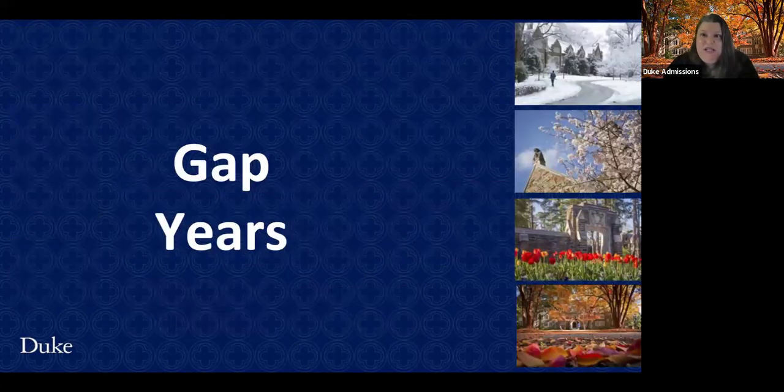Also, I did want to touch on this. We found this is becoming increasingly more popular just across the board with all students, but in particular, we have seen more gap years from international students than anywhere else. So we did want to talk a little bit about that.